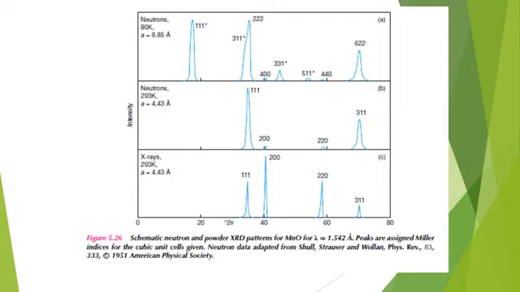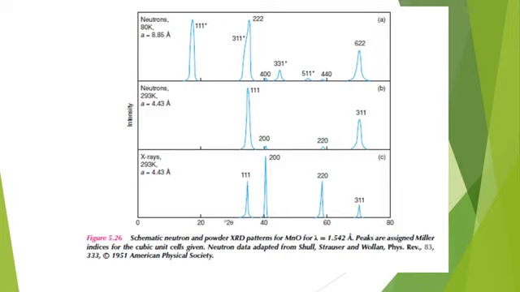At the top there is the neutron pattern at 80 Kelvin, showing a different diffraction pattern for different planes like 111, 311, 222, 400, and 331.